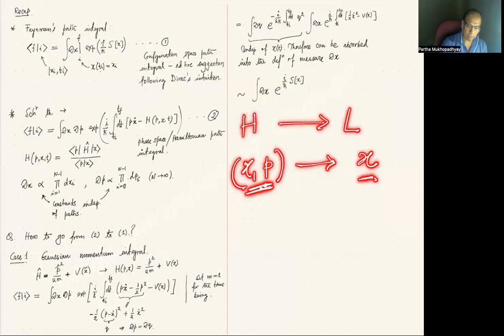Now, these are called the Euler-Lagrange equation on this hand, and on the other hand, these are called Hamilton's equations. The first of the two parts of Hamilton's equation gives x dot as del H by del p, which relates p as a function of x dot.